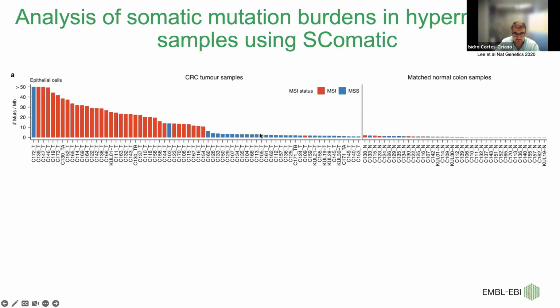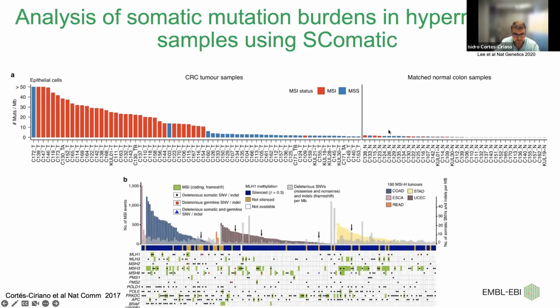So in essence, what I'm showing you here is the number of mutations per megabase, where each bar represents a tumor sample on the left, and on the right, we have the matched normal colon samples. And we can see that those samples that are microsatellite unstable have a much higher mutational burden as compared to MSS tumors as well as the normal samples.